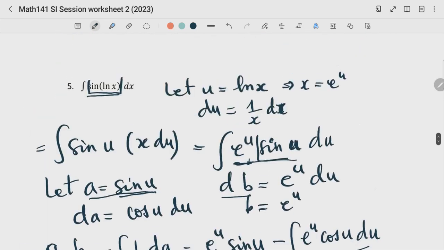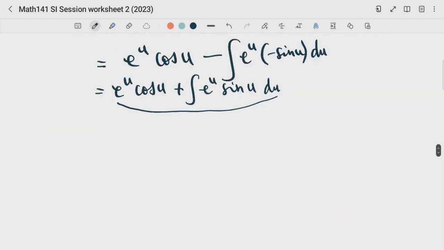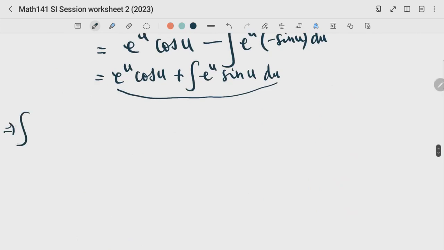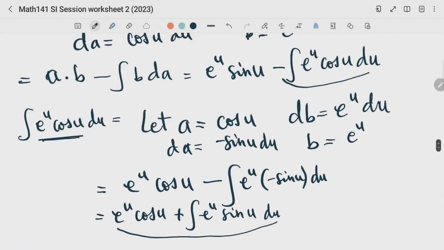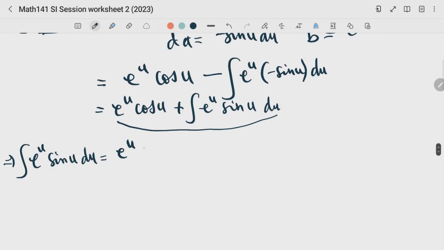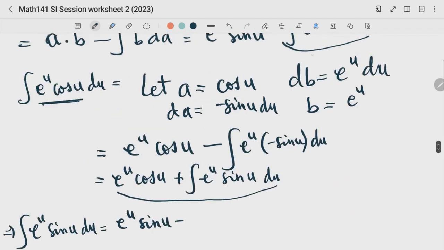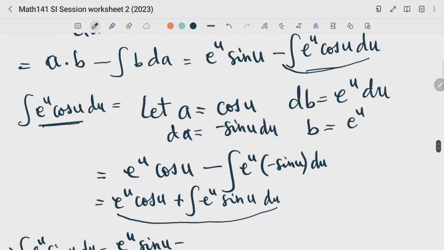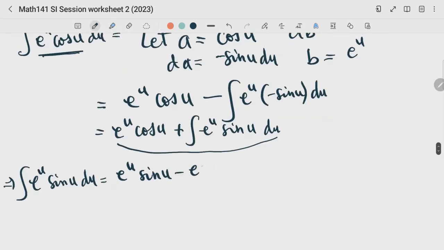Now, let's take this and plug it into that expression there. Our original expression was the integral of e to the u sine u du. And we found that that was equal to e to the u sine u minus this integral here, which we evaluated to be this. So minus e to the u cos u plus the integral of e to the u sine u du.